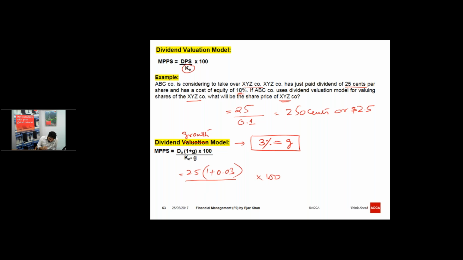The 100 is here. Okay. So do not multiply this figure by the 100 straight away. So Ke minus g, the cost of equity is 0.1 minus 0.03.